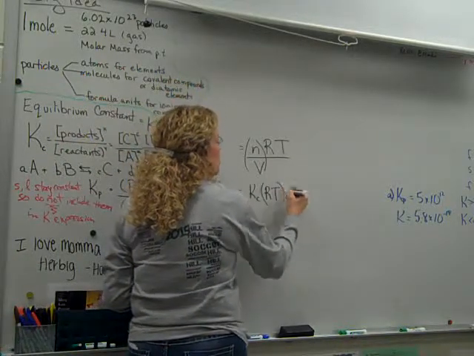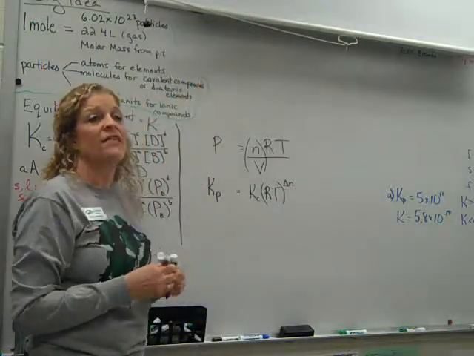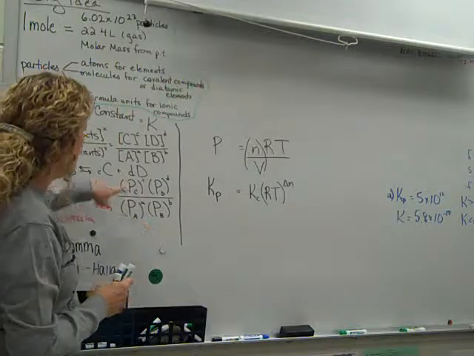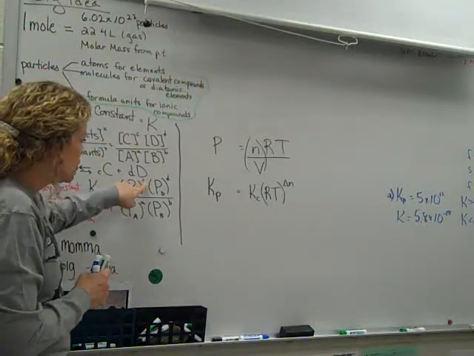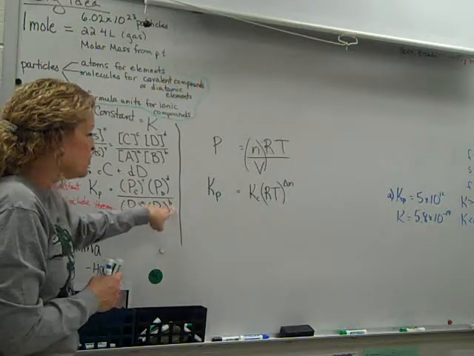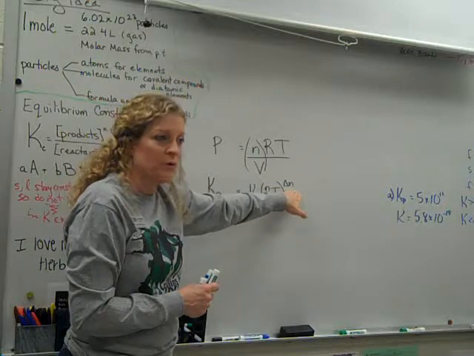And then did you notice that it was raised to the delta n? The delta n is just because if you were to convert all of these pressures to molarities, remember you still have them raised to an exponent. So you have to compensate for the exponents.